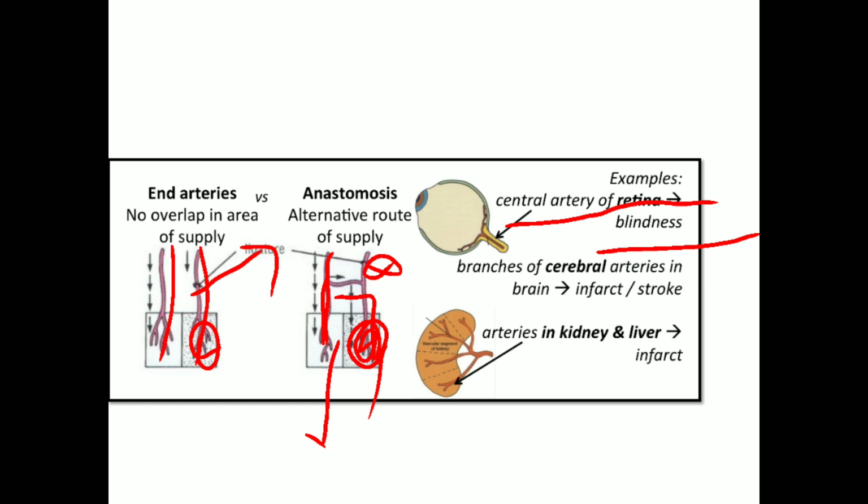Then we looked at arteries, of which there are two types: the large size artery and the medium size artery. The large size artery is also called the elastic artery, and the medium size artery is also called the muscular artery. Remember, in the artery the layer which is thick is the tunica media. Learn an example of a large size artery and an example of a medium size artery. The difference between them is that in a large size artery the elastic fibers are more, whereas in a medium size artery the smooth muscle fibers are more.